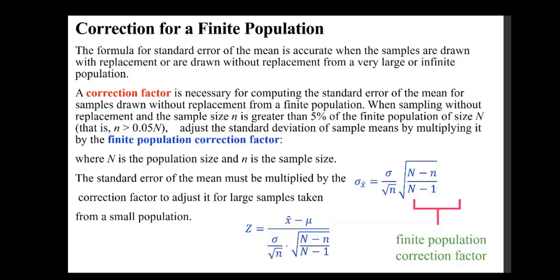The standard error of the mean must be multiplied by the correction factor to adjust it for large samples taken from a small population. Here's the formula we have.